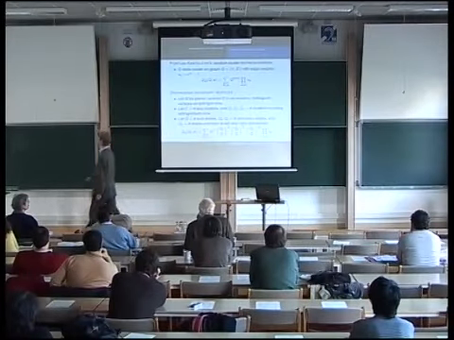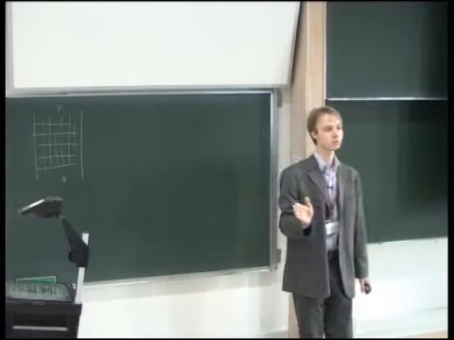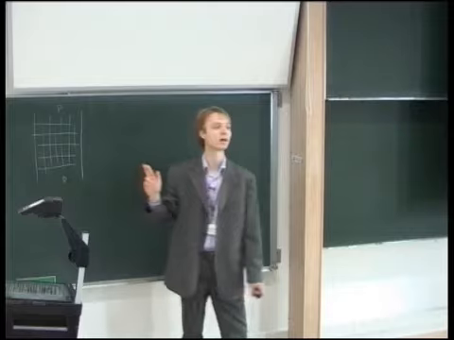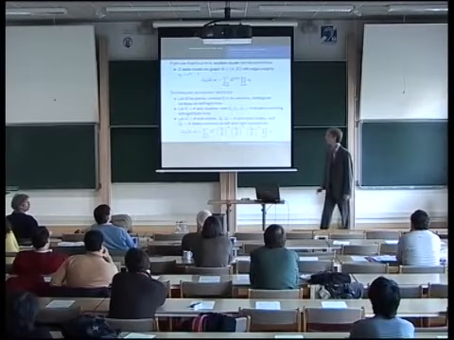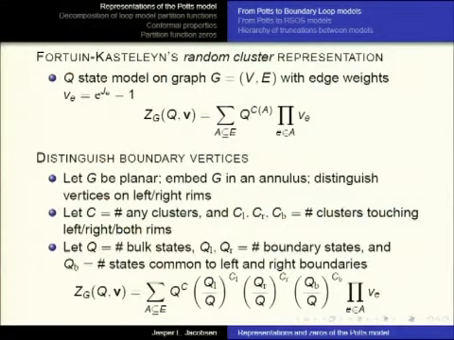and I'm going to say that the number of colors that you have inside your system in bulk vertices is still going to be Q, but there's a different number of colors on the left and the right boundaries, which I'll call QL, Q left, and QR, Q right. Just for starters, you can imagine that everything is integers.